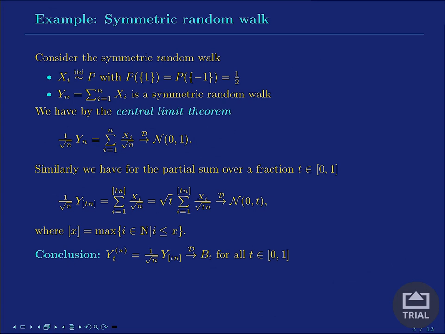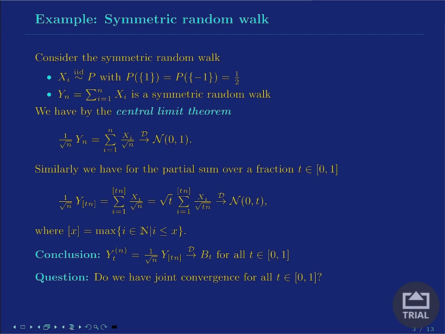We can, using a multivariate version of the central limit theorem, also show that actually all finite dimensional distributions of this process here, defined in terms of our symmetric random walk, converge to the corresponding finite dimensional distributions of the Brownian motion. So does that already imply that we have joint convergence for all time points t?